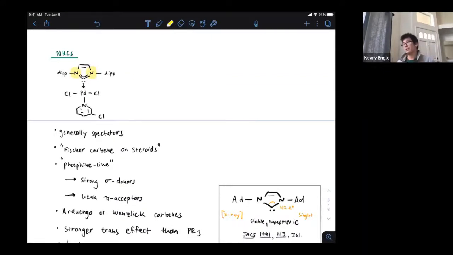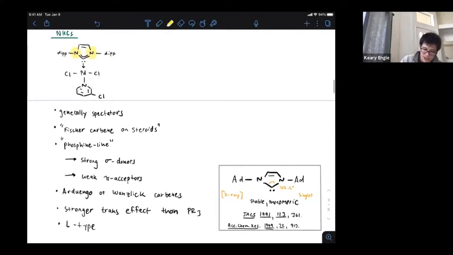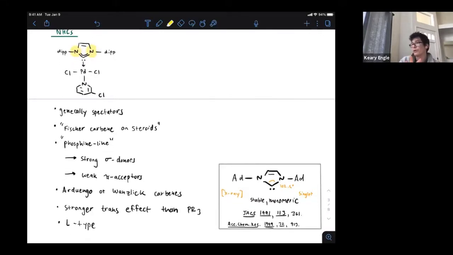It also kind of defines the electron counting of these as being Fischer type. And so to me, that's something that's easy to remember. So in comparison to phosphines, they're stronger sigma donors even, and their pi accepting ability has been the subject of debate, but in general, they're considered to be weaker pi acceptors.